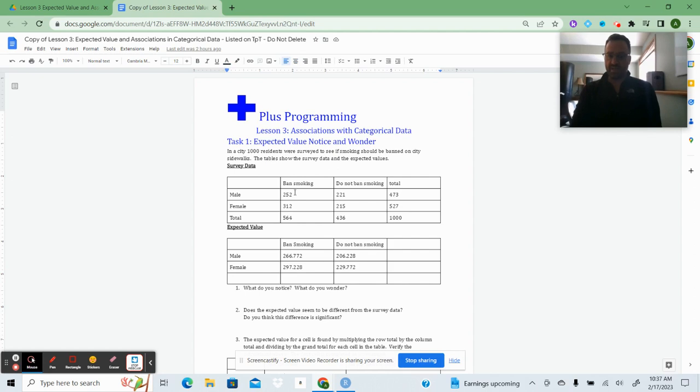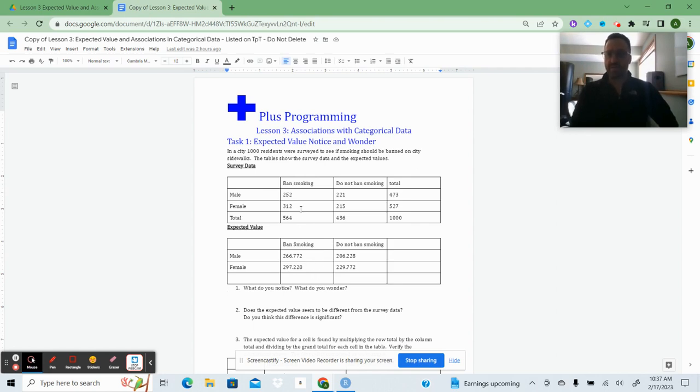Well, what I'm noticing is males who banned smoking was 252, but the expected value was 266. So the number of males that were expected to ban smoking were more than actually occurred. Same thing with females. 312 were in favor of banning smoking, but only 297 were expected.